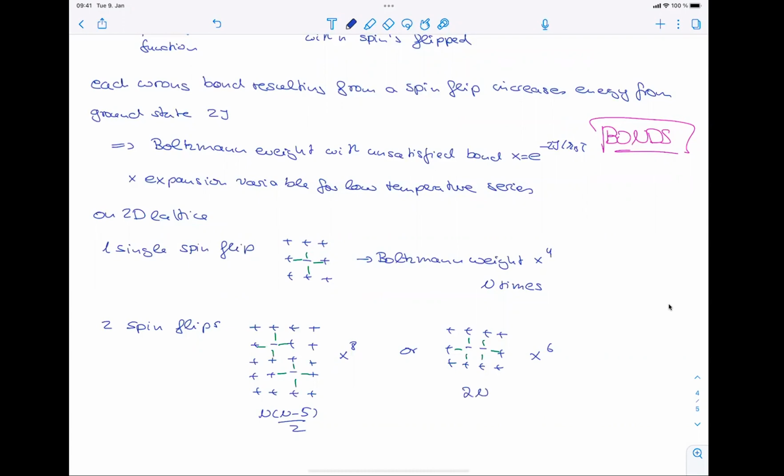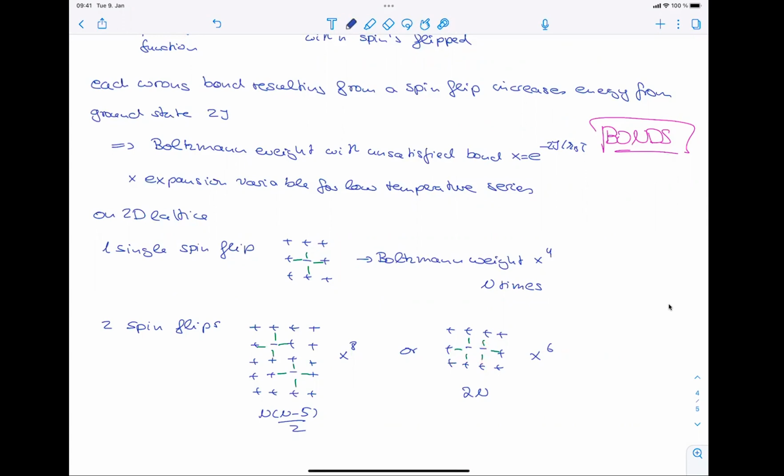And we kind of already see what this means. What's important is the power of the bonds, and this exponent is given by the boundary of the spin flips, right?